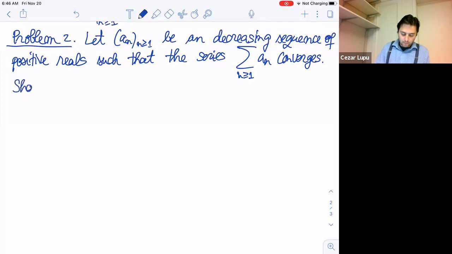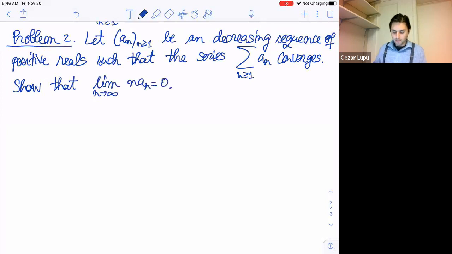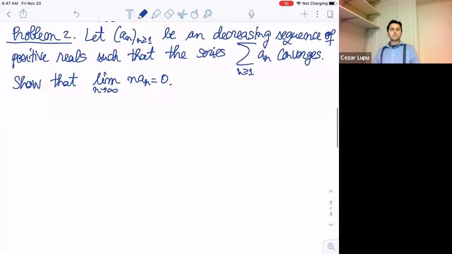Show that the limit as n approaches infinity of n a_n is 0. All right, so this is the problem.